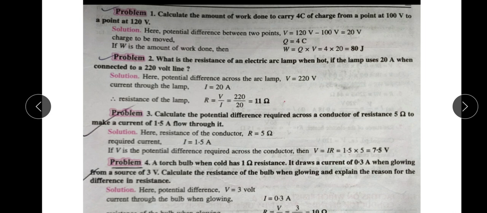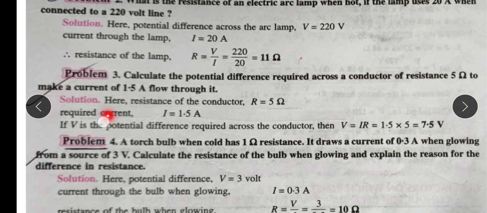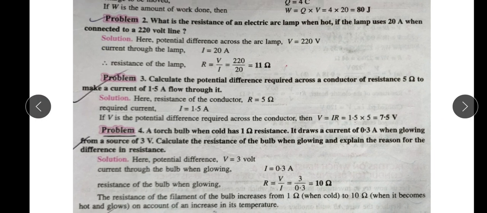Calculate the potential difference required across a conductor of resistance 5 ohm to make a current of 1.5 ampere flow through it.